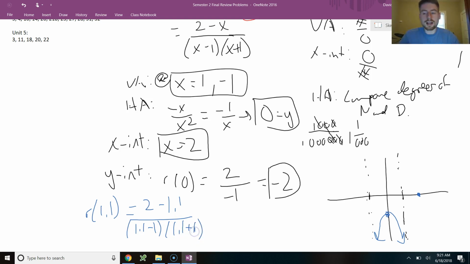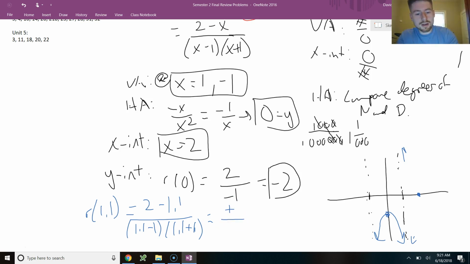I could actually get a number for this, but I'm not interested so much in the answer as I am interested in the sign. Is this a positive or negative number? If it's positive, we know it's going to be up here, and if it's negative, down there. The numerator is positive because 2 minus 1.1 is a positive number.